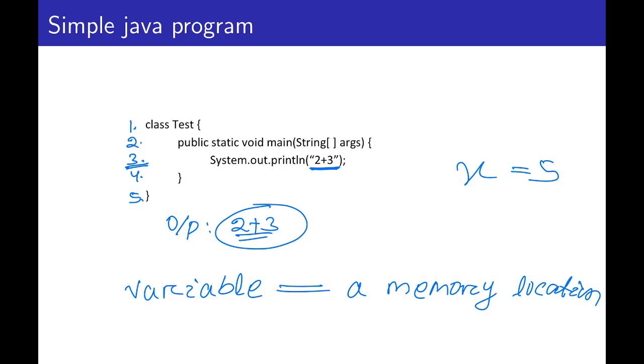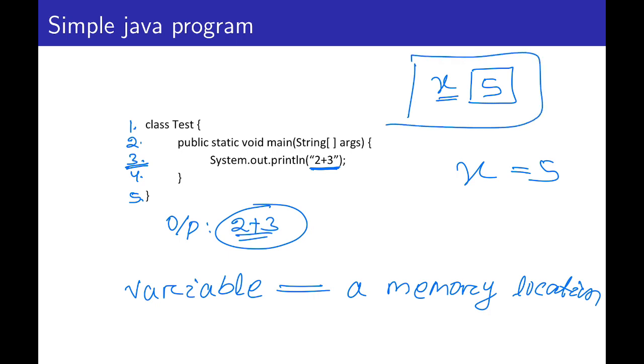Generally we can see x as a memory location, like a box, and the name of the box is x, and we are assigning the value 5 to it. We discussed this type of scenario in the previous lecture.